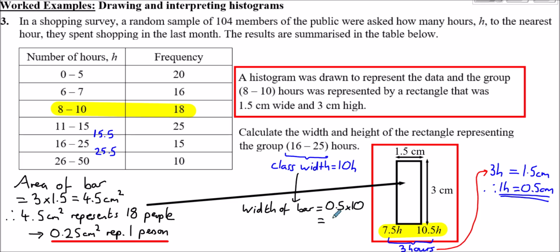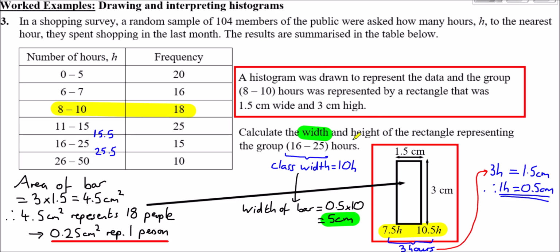So the width of the bar will be 0.5 times 10, which is 5 centimetres. So the width of the bar is 5 centimetres. We now need to work out the height of what the bar would be.